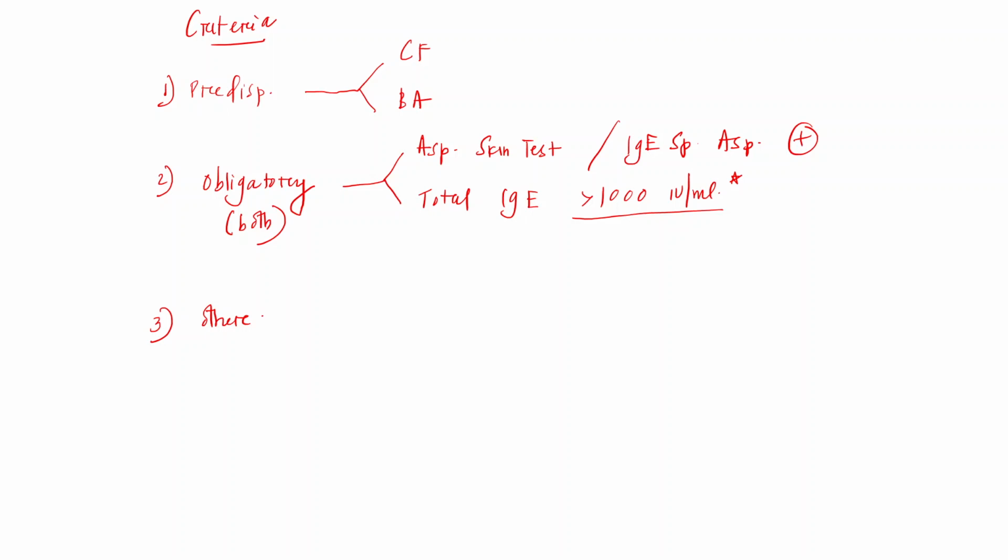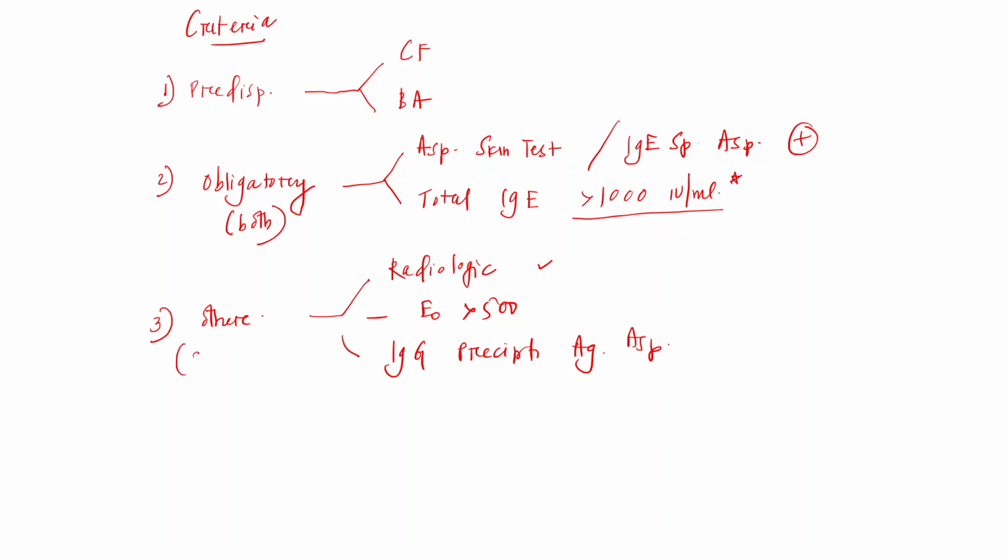Then other criteria include radiologic evidence specific for Aspergillus, then total absolute eosinophil count more than 500 per microliter, or IgG precipitin against Aspergillus.